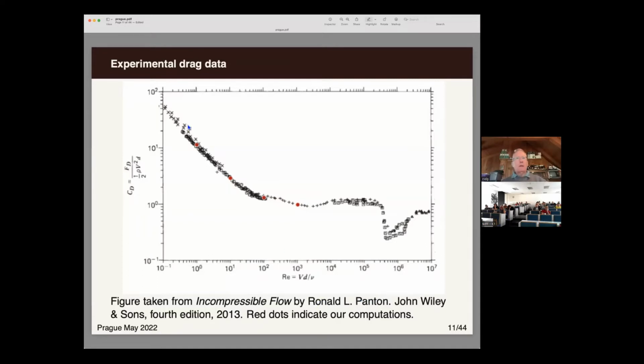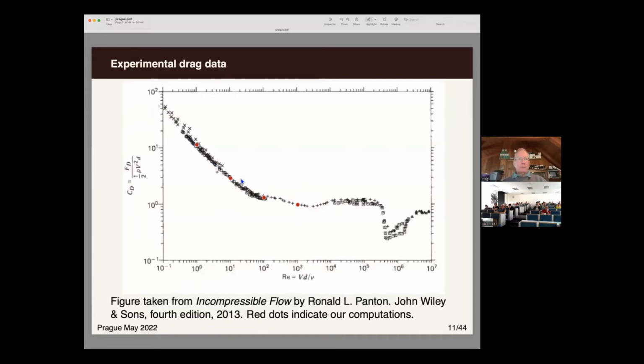And this is data compiled by Panton from many different experiments. This is the drag coefficient on this axis as a function of the speed of flow, the Reynolds number, as defined by this expression. And so it's inversely proportional to the viscosity and proportional to the velocity.